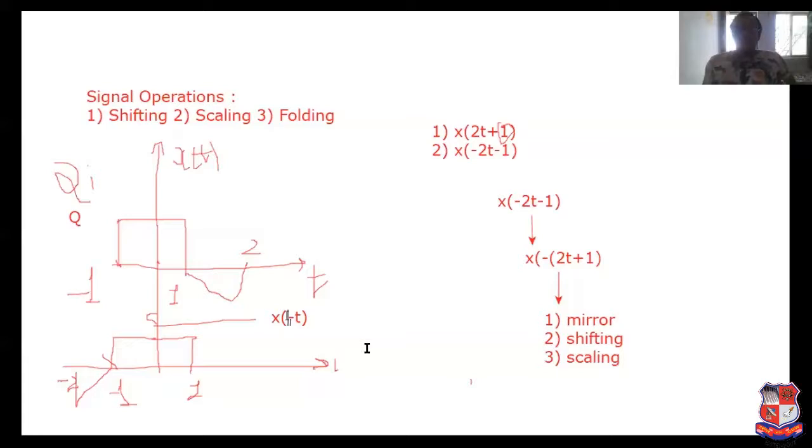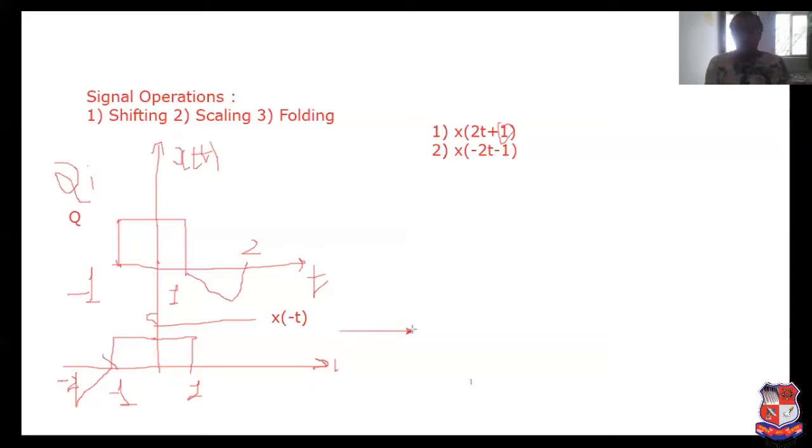Shift the signal means what? Shift 1 unit left.